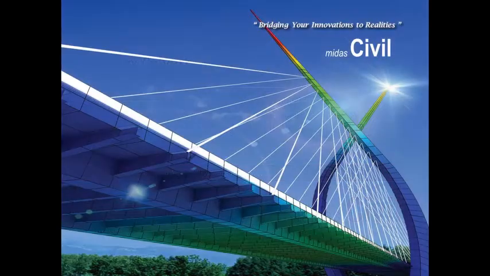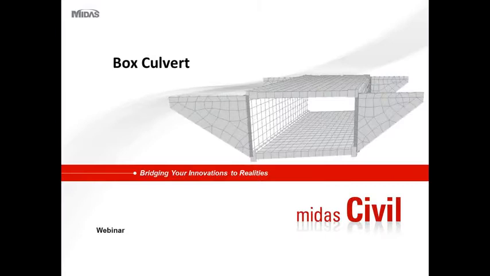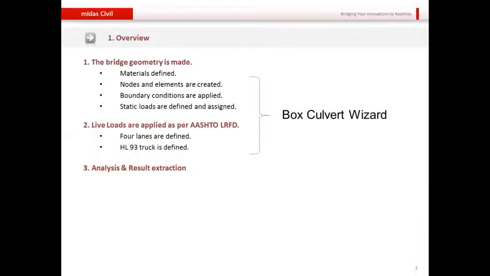We'll be doing the box culvert bridge modeling through Midas Civil, for which we'll be defining the material properties and everything else that includes node and element creation, boundary conditions assignment, static loads definition and assignment, and live loads generation, including 4 lanes as per AASHTO LRFD, and using HL93 truck vehicle will be done using box culvert wizard of Midas Civil, and then we'll move on to analysis and design.